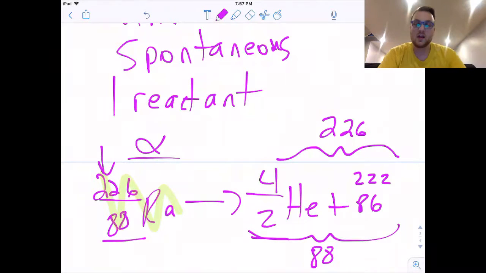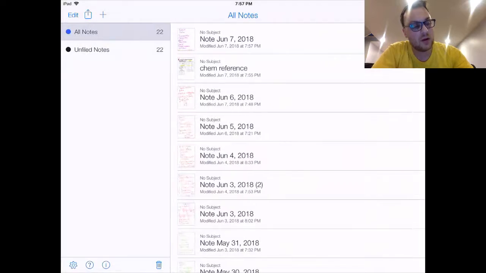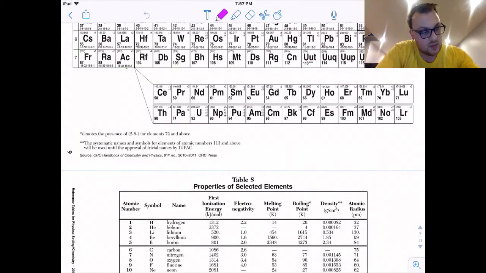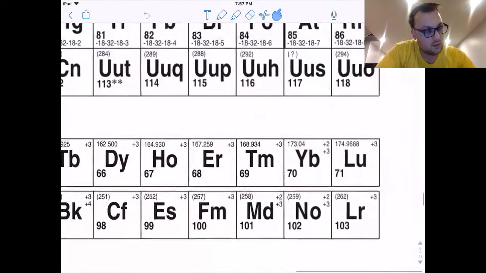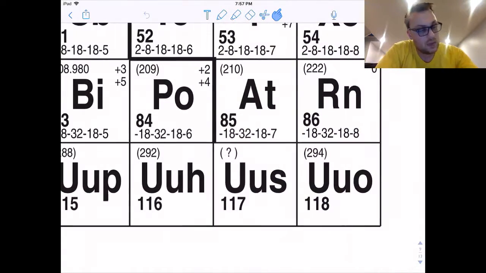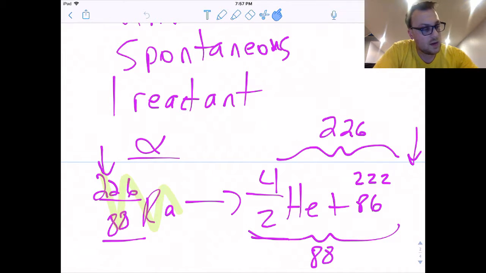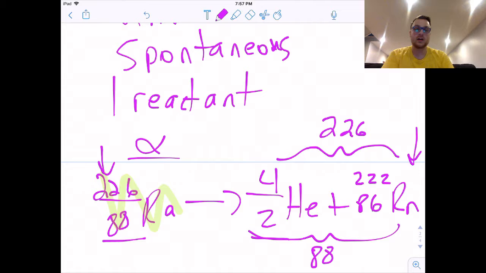Now, don't write X here. Don't write X. Look up whose atomic number is 86. And 86 should be radon. So write the symbol for radon, not X. Do not write X. And make that a lowercase n. Okay, so that's an alpha decay.